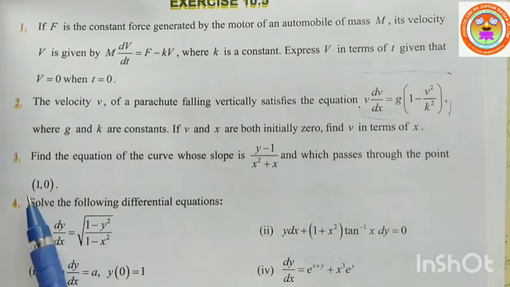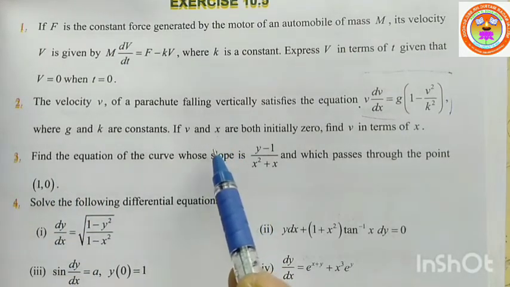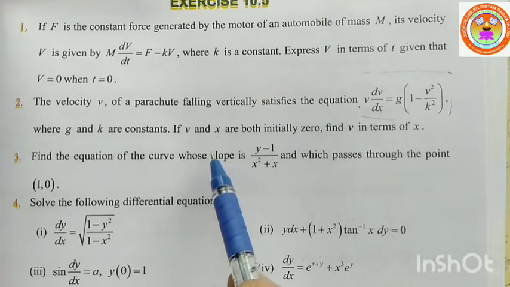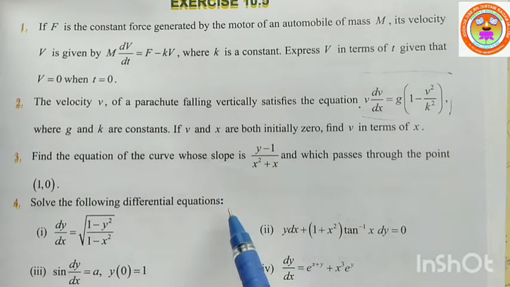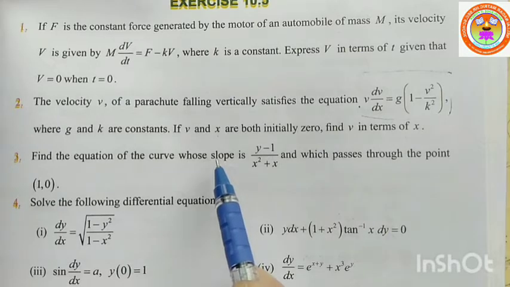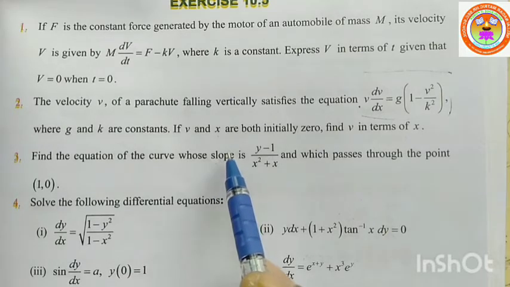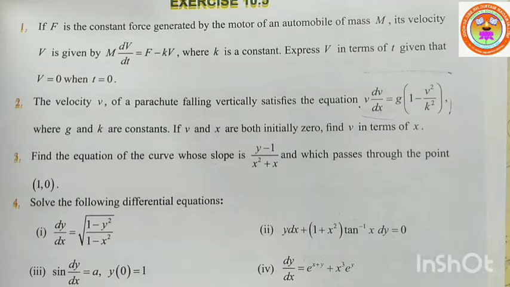Here the point is given 1, 0. So instead of slope, we can write dy by dx. Reason is slope means dy by dx at the point x1, y1. So we can take slope dy by dx is equal to y minus 1 by x square plus x.